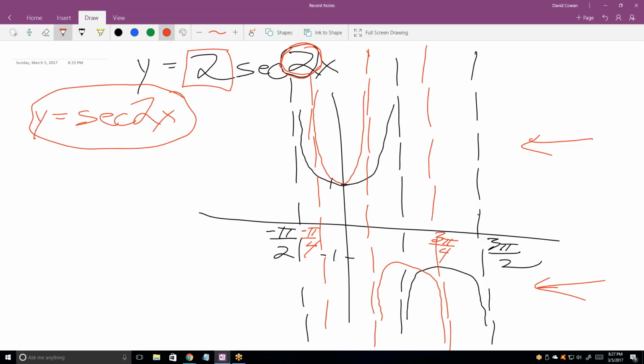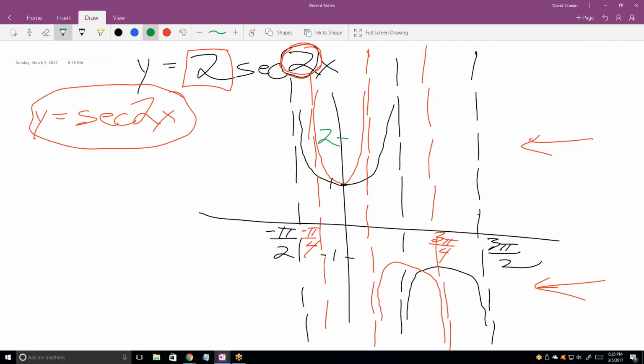The last vertical stretch is actually the easiest one to do. What does that do? It changes the apex of the curves. Okay, where do they go? Plus or minus 2.